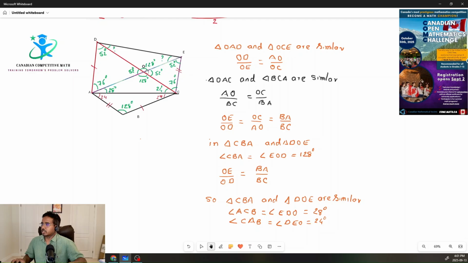And since we established they are similar, angle ODE will be equal to angle ACB, which is equal to 28 degrees. Angle CAB will be equal to angle DEO, equal to 24 degrees.